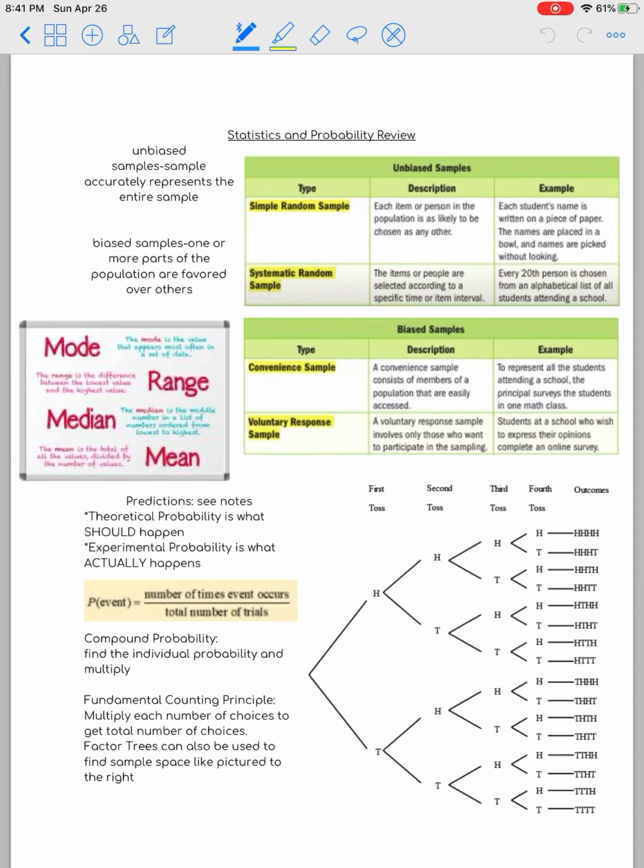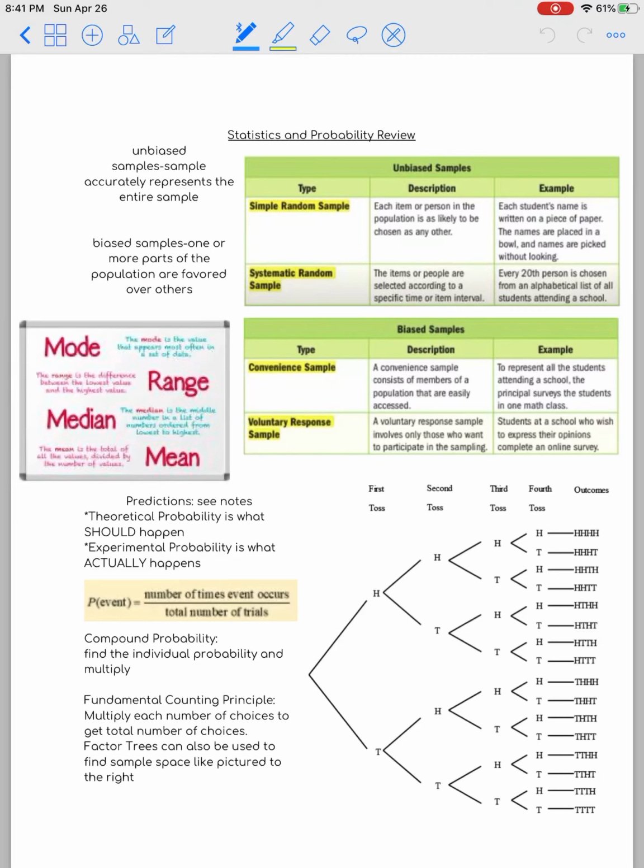Now, biased samples. A biased sample, the convenient sample, consists of members of a population that are easily accessible. An example of this is to represent all the students attending a school, the principal surveyed the students in one math class.